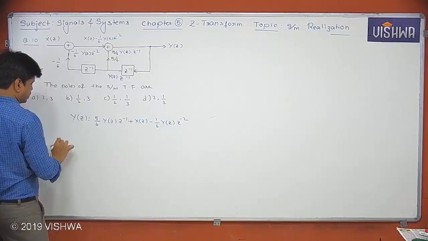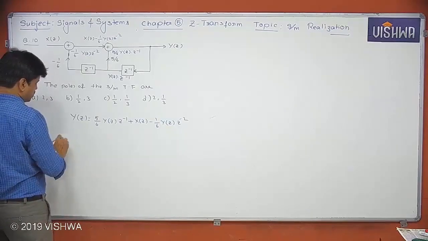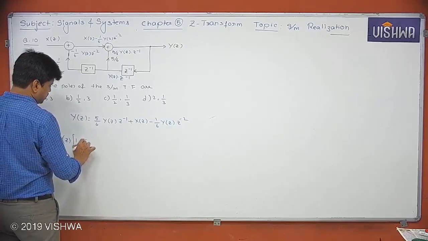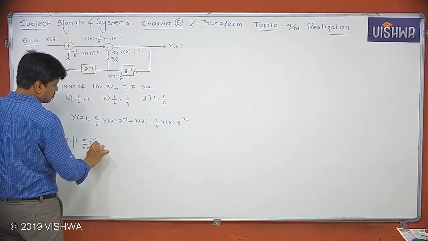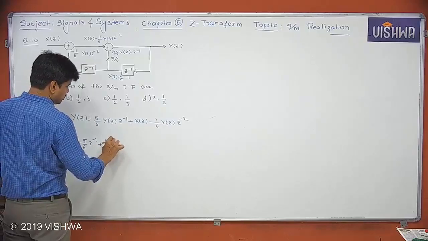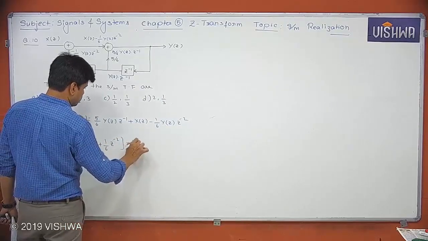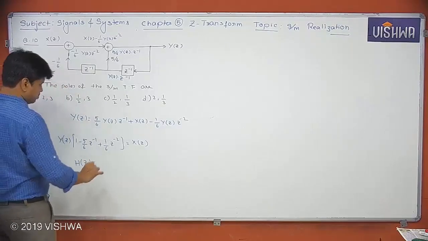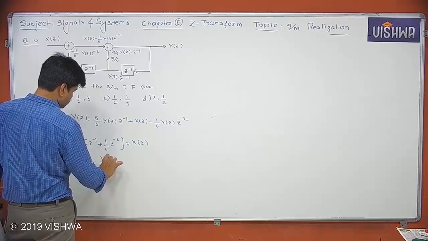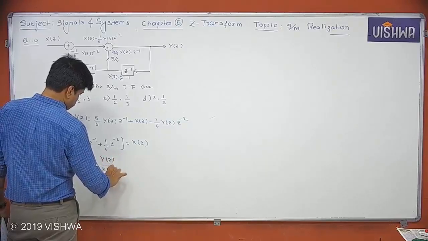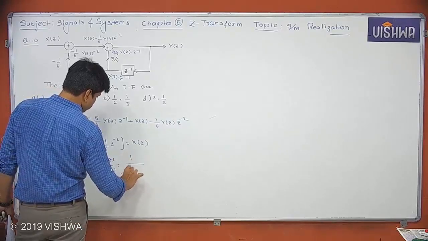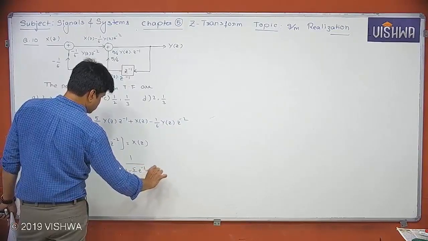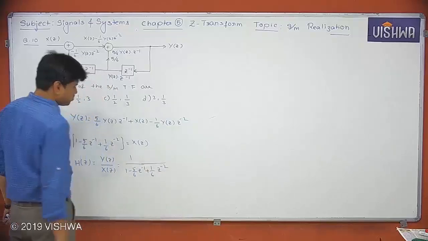So simply find out H of z. For that, first take Y of z to one side. Y of z, if you take common, 1 minus 5 by 6 z inverse plus 1 by 6 z power minus 2 is equal to X of z. So what is H of z? That is Y of z by X of z, which is 1 by 1 minus 5 by 6 z inverse plus 1 by 6 z power minus 2.